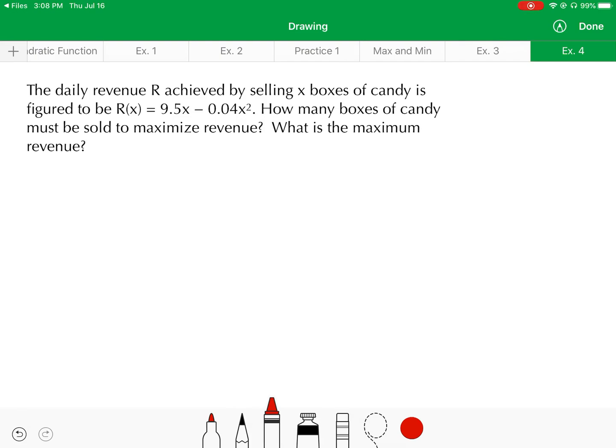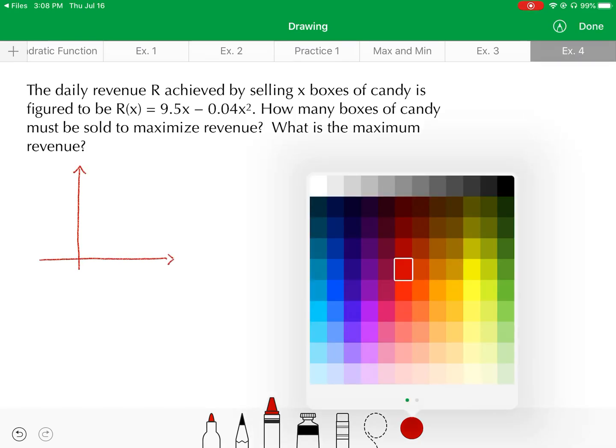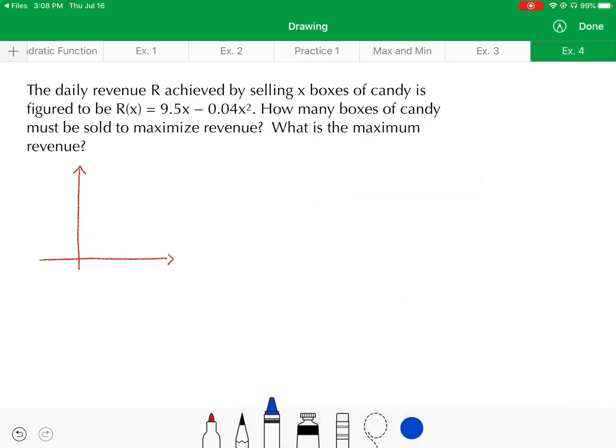And then what's the maximum revenue? So understand kind of the makeup of this function. It's telling us that we've got a parabola that's opening up and then coming back down. I know that it's opening down because my a value is negative here.